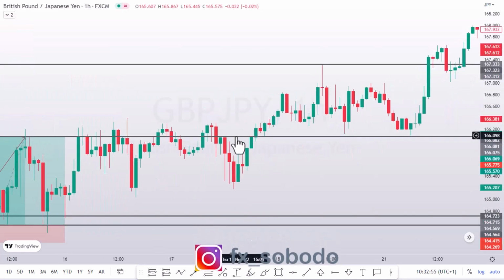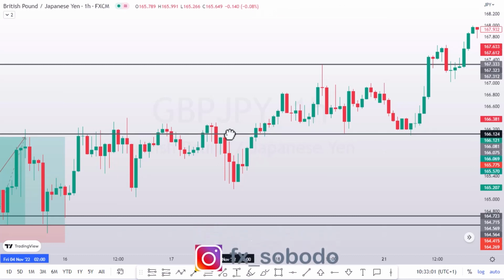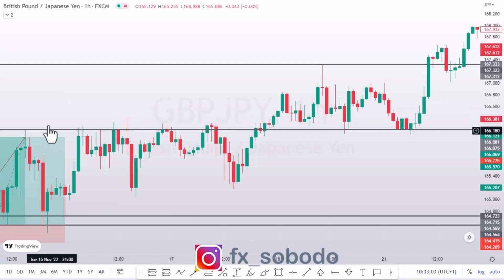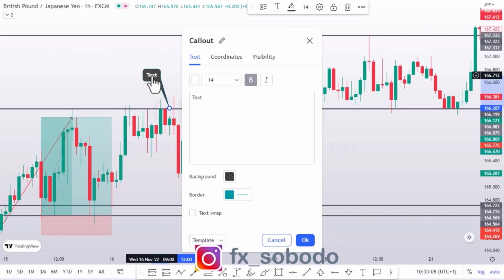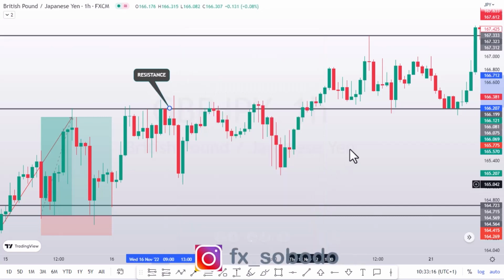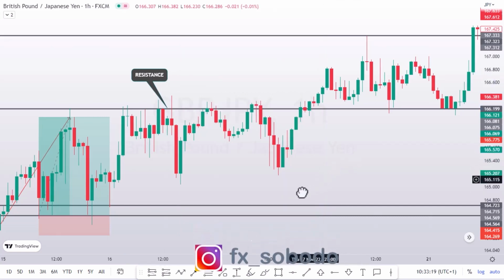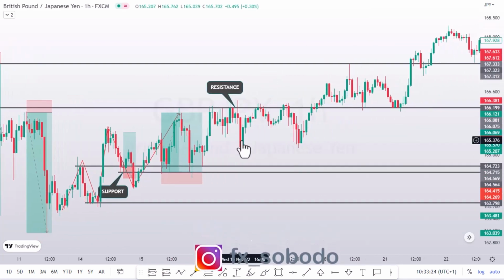Take a look at this level as well. Let's say this is our resistance, right? And for you to draw a better resistance, guys, the more times price bounces on a resistance line, the better.